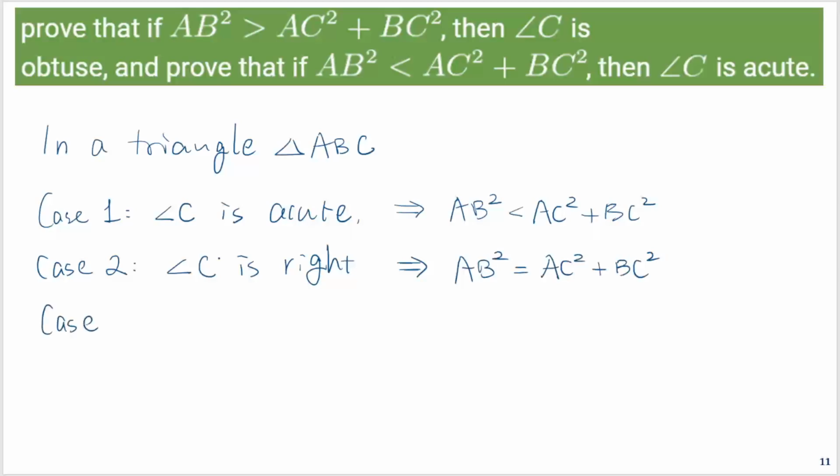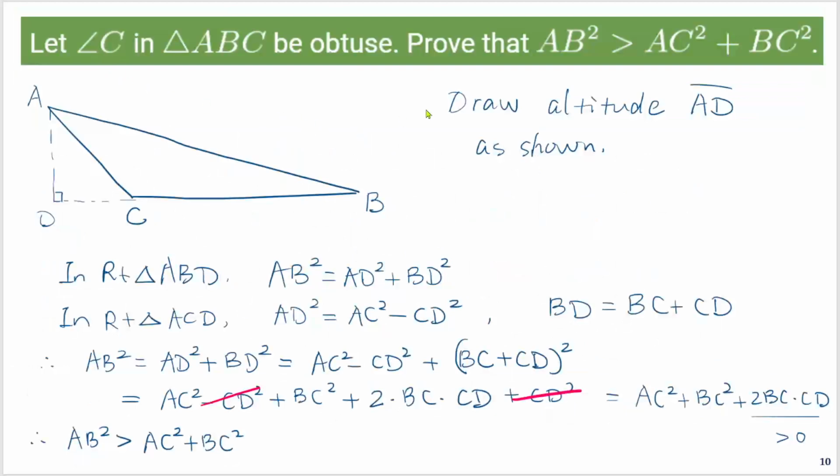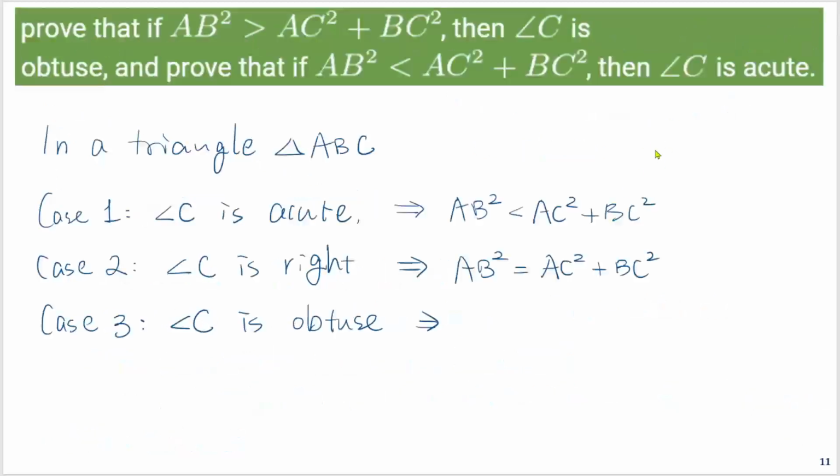And last, case number 3, angle C could also be obtuse. In that case, we have already proved, according to this question here, if angle C is obtuse, then we have AB squared is larger than AC squared plus BC squared, right?